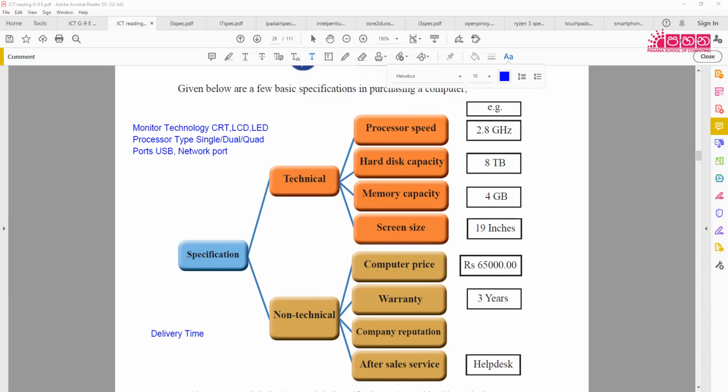What else have you seen? I showed you a couple. Weight of the computer. In one of the specifications, you have seen freebies, right?